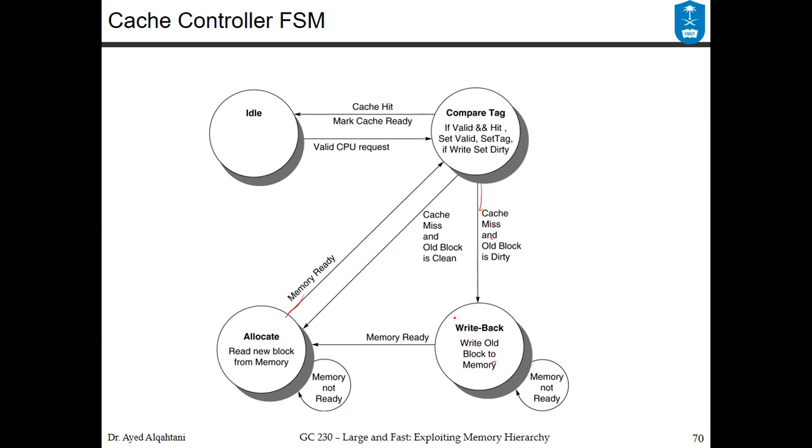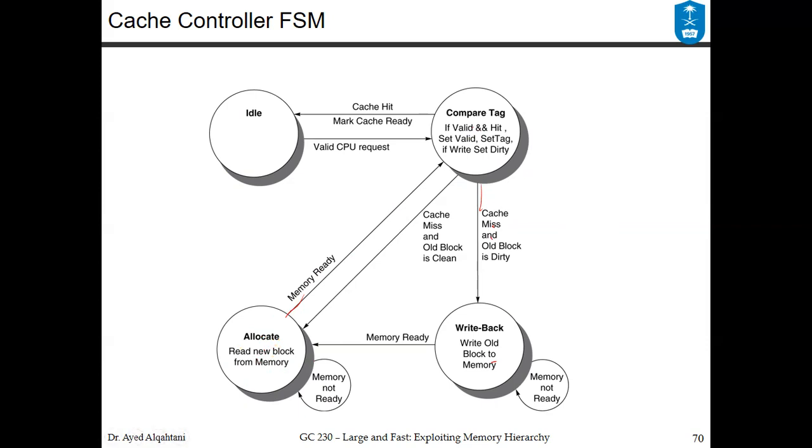So in case you are writing back, as long as you are in this process, the memory is not ready and you are waiting in this state. Once you're done, you say that the memory is ready and go directly here. And notice that this takes a very short amount of time, because you say memory is ready, go to allocate. And the moment you go to allocate, the memory is no longer ready. It's not ready, so you keep waiting until it becomes ready and you fetch the block back to the cache.